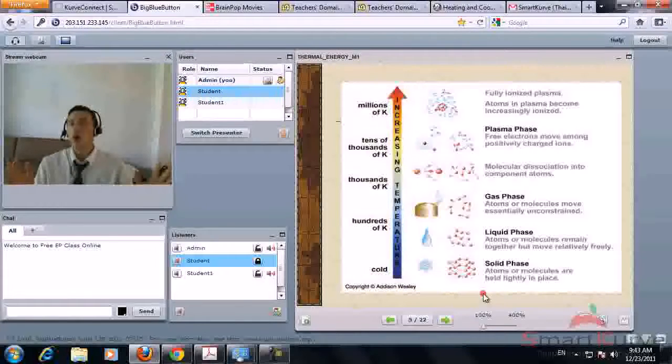They will no longer be bound to the nucleus. That's what you see in the plasma phase right here. Free electrons move among positively charged ions because the hydrogen and oxygen atoms have lost their electrons. Let's move on.